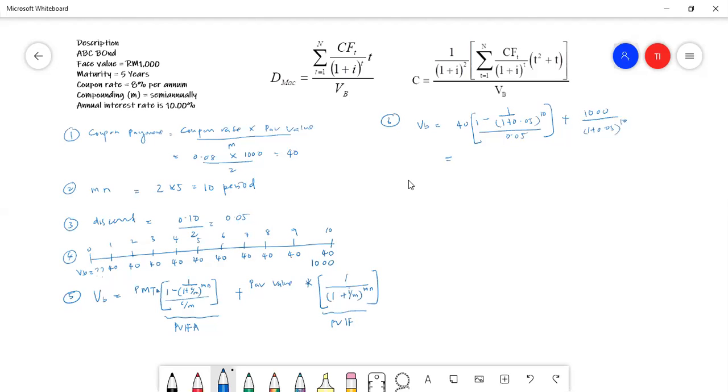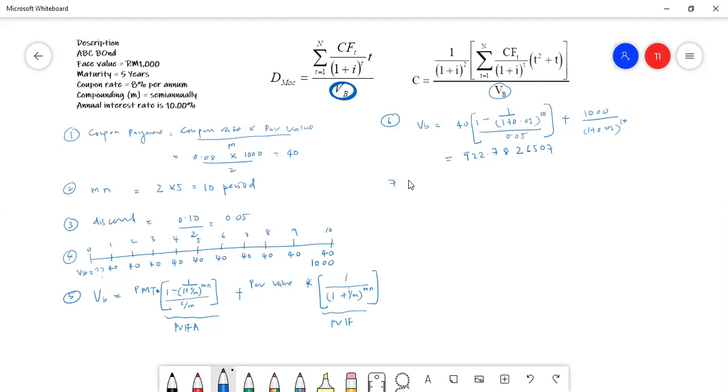So now you can summarize and solve the equation. Therefore, you get 922.7826507. So this is the bond value. This bond value will be useful for the Macaulay duration as well as convexity.